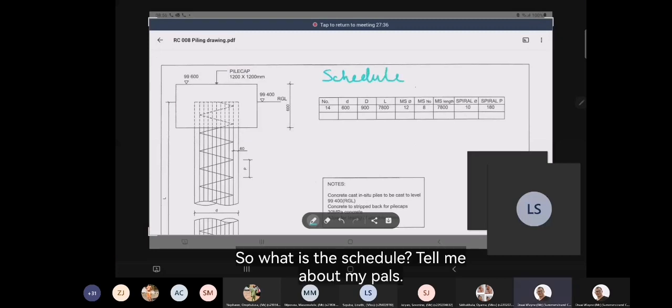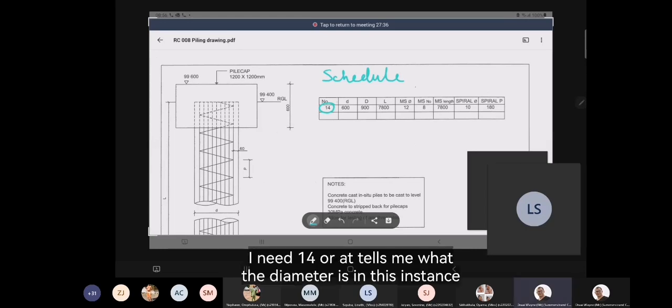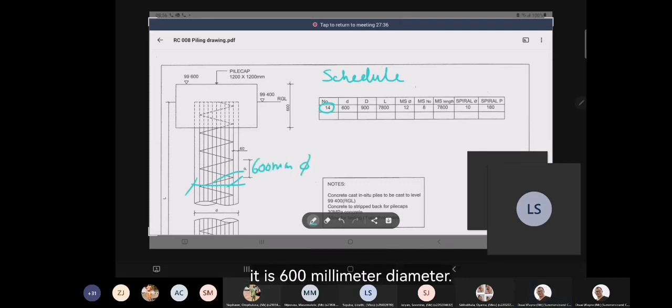What does the schedule tell me about my piles? It tells me how many I need, I need 14 of. It tells me what the diameter is. In this instance, it is 600 millimeter diameter.